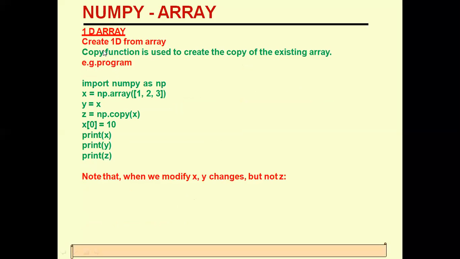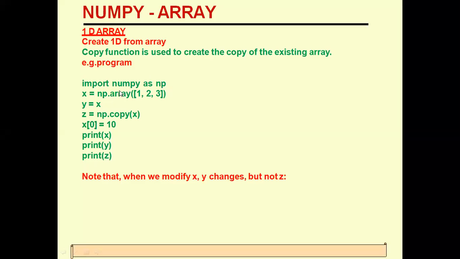See here, another array: create a 1D array. The copy function is used to create a copy of an existing array. I am using the copy function here. So import numpy as np. In this line we are importing numpy. x equal np dot array. What is x here? This is a normal variable equal np, which we have imported as numpy.